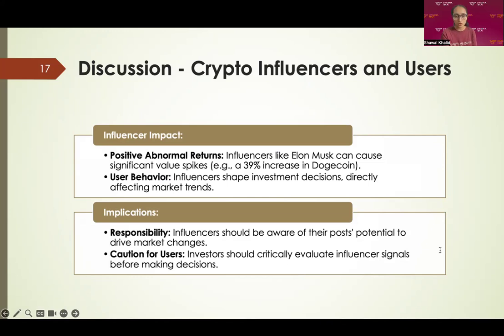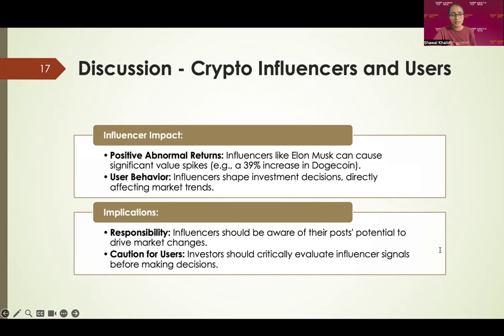This shows the strong influence of these particular crypto influencers on X and also on the users. And secondly, investment decisions. This study highlights that influencers shape market trends and directly affect users' investment choices.